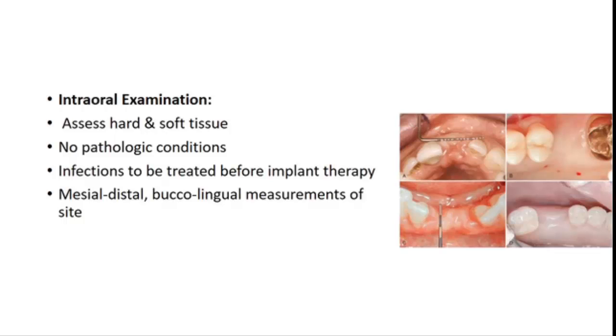That means all the other etiologies in the oral cavity should be removed, whether it's a primary etiological agent or a secondary factor. Basically, it should be free of any inflammatory or infective situation.